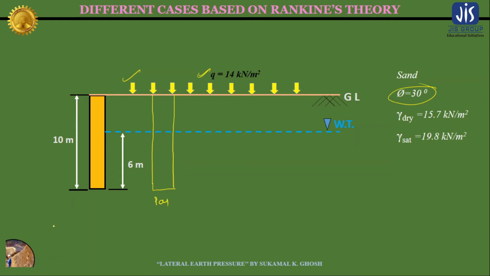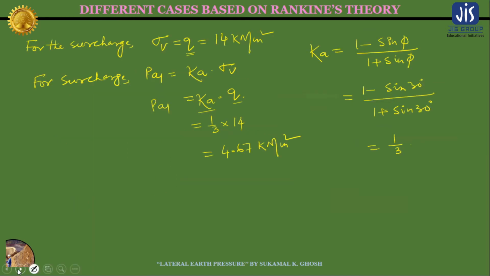Okay, now for this first layer, means for the dry soil, the pressure distribution diagram will be a triangle, right? So suppose this is the first layer. Okay, this is the first layer, right? So for the first layer, what will be the effective stress?